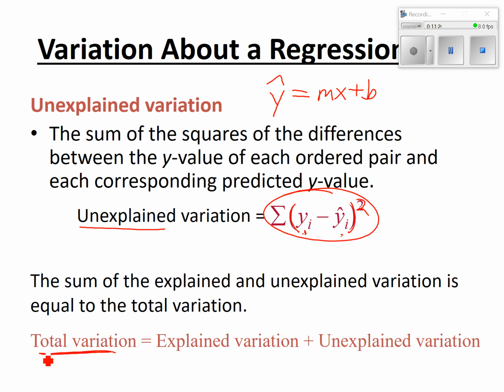The other thing is the explained variation, just like the name tells you, is the part of the variation that can be explained by the relationship between the x part of your ordered pair and the y part of your ordered pair, your data. The unexplained variation cannot be explained by the relationship between x and y, due to either chance or other kinds of variables that are thrown in there, whatever it happens to be.